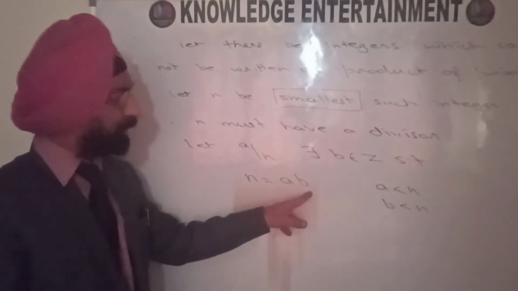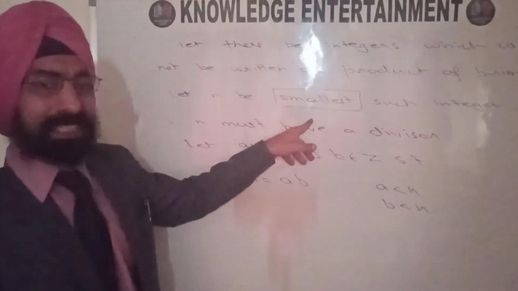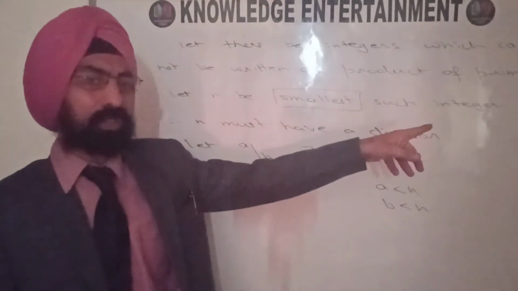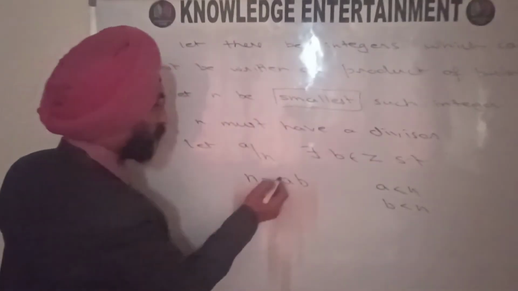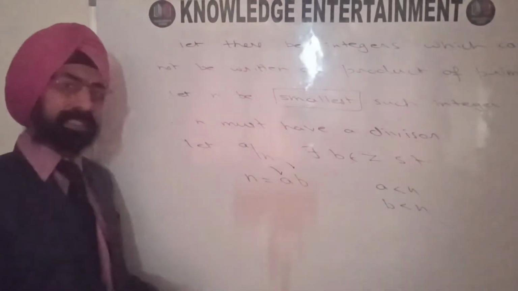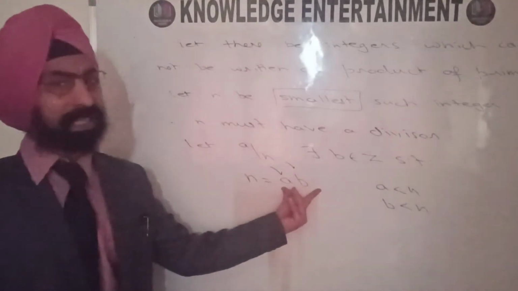So divisors of n are definitely less than n, and n is the smallest integer which cannot be written as a product of primes. That means a and b can be written as a product of primes. A is a product of primes, b is a product of primes, and so ab must also be a product of primes.